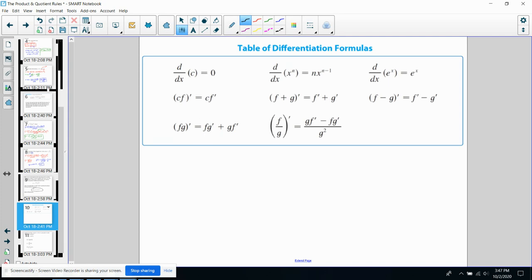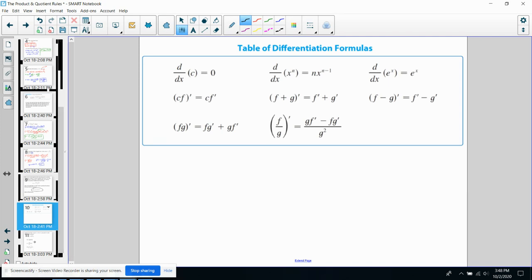Addition or subtraction here, you just take the derivative of each piece and add or subtract them. When you have a power, you use the power rule. Derivative of e to the x is e to the x. And then these bottom two are our product and quotient rules, and they're written out with the correct formula for them. So that's a good reference guide to look at.